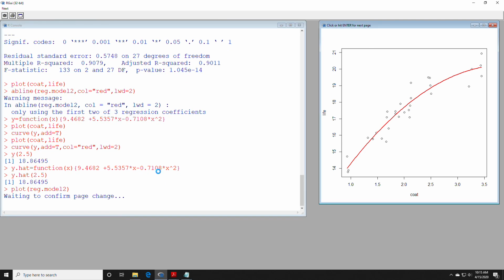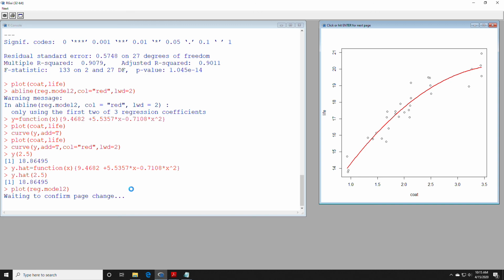When you do this, you see it says waiting for page to change. This does not mean that R is loading or freezing. If you do this once and you don't pay attention, you'll probably be confused. It has multiple graphs that it's about to show you, and you simply have to click each time you want to change graphs.